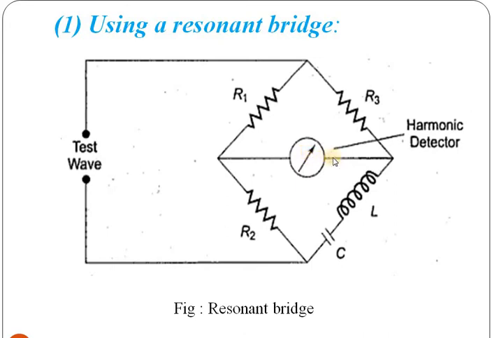Suppose something other than the fundamental is applied, then the bridge is unbalanced, and the detector finds the amount of voltage present in the circuit. In this way, the detector can find the particular harmonic present in the test wave signal, and the harmonic components are measured by means of this resonant bridge.